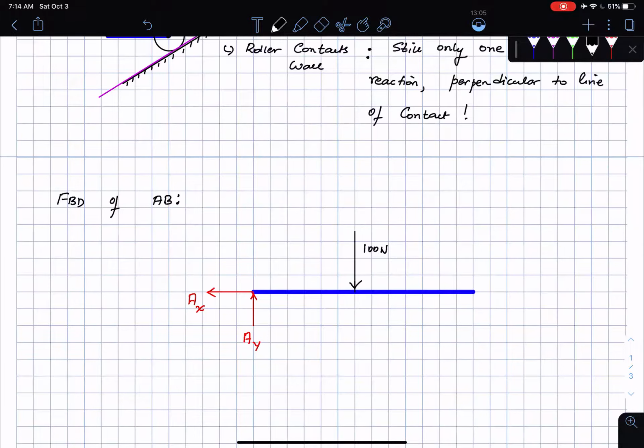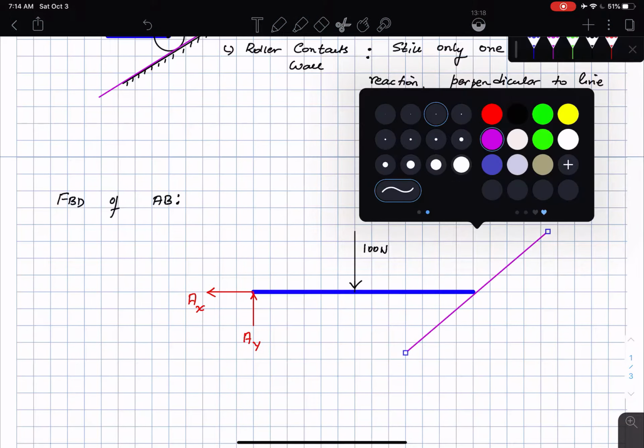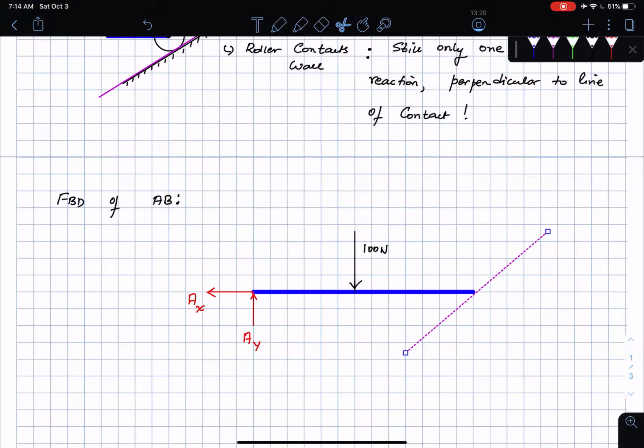The distances are given to me, and first of all, before I do anything, I have this smooth contact which I'm just going to draw in the form of this dotted line here. This is the line of contact, right? As we have seen earlier, the reaction force is going to be perpendicular to this line of contact, as you can see here.